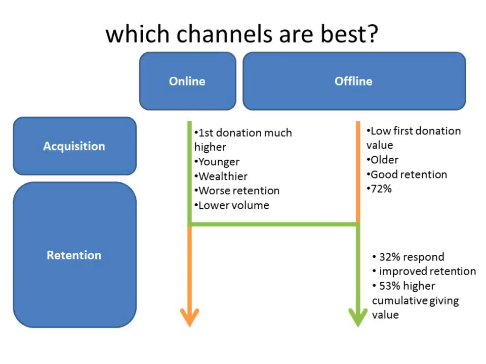So if you can retain through offline channels, we see a 32% increase in response rate and a 30% higher lifetime value across the donor using offline channels in combination with the online channels. So that really is multi-channel marketing at its best.